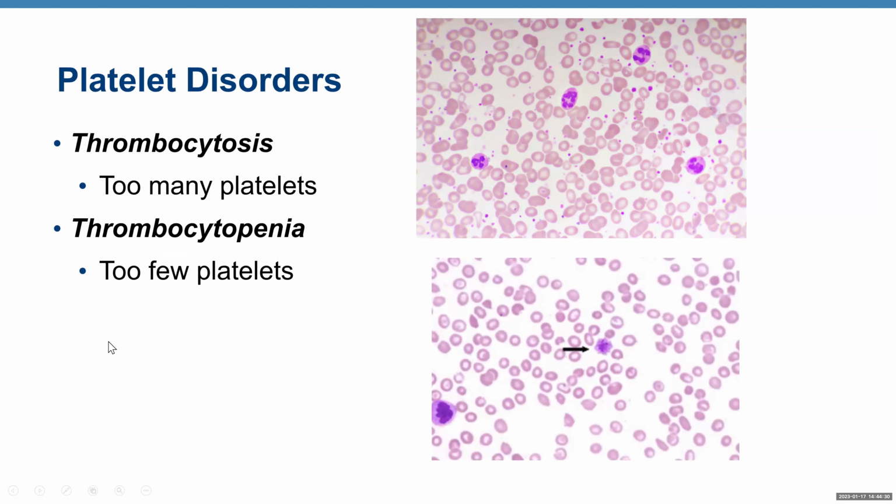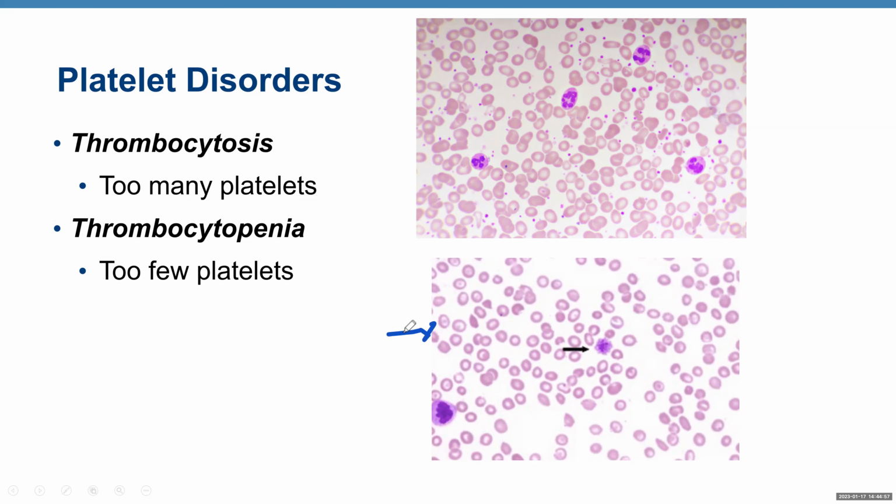Platelet disorders: thrombocytosis, when you have too many platelets. If you look at this blood smear, you see lots of these little dots, a large amount. That's too many platelets. Thrombocytosis. And thrombocytopenia, too few platelets.